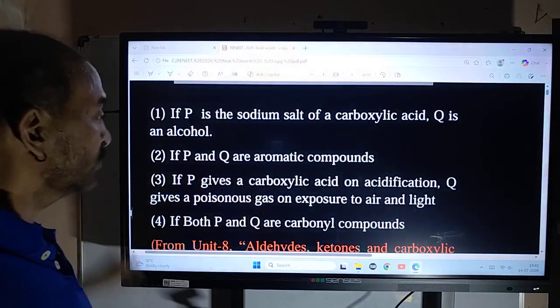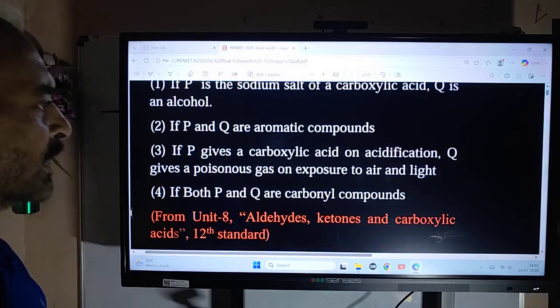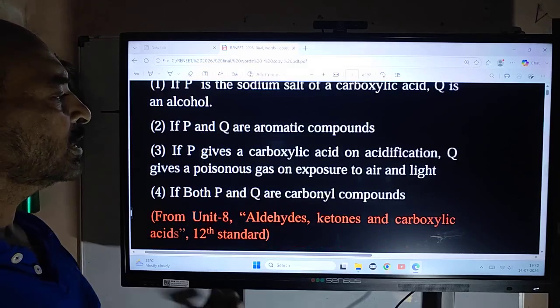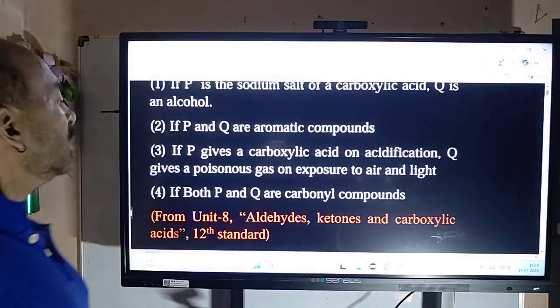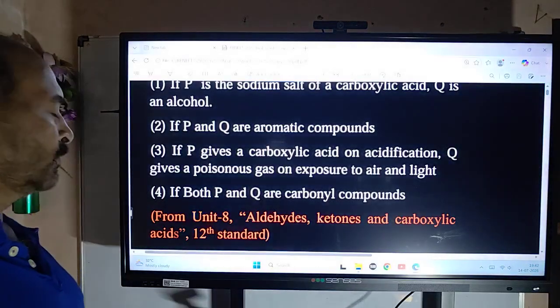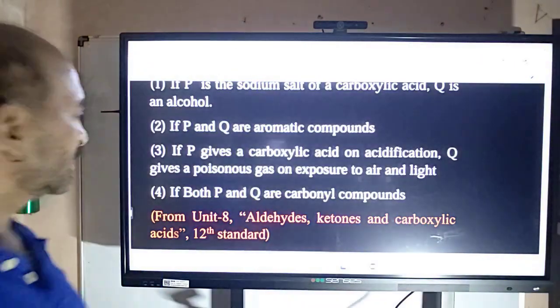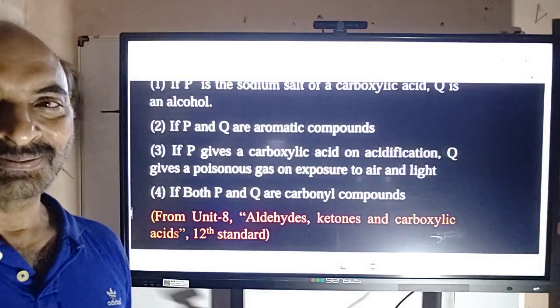The other one, chloroform, is not aromatic. So 2 is also not the answer. If P gives a carboxylic acid on acidification and Q gives a poisonous gas on exposure to air and light, that's true. So our answer must be 3. And lastly, if both P and Q are carbonyl compounds, wrong, because chloroform is not a carbonyl compound. So we come to the conclusion that 3 is the answer for our first question.